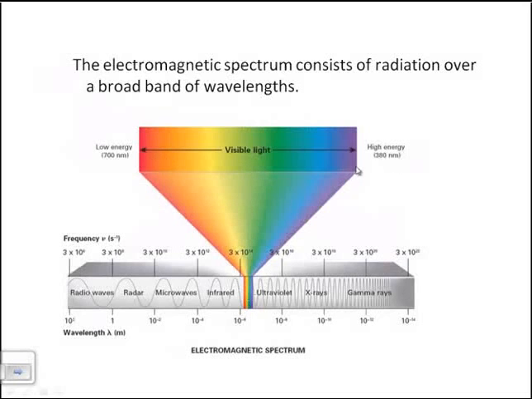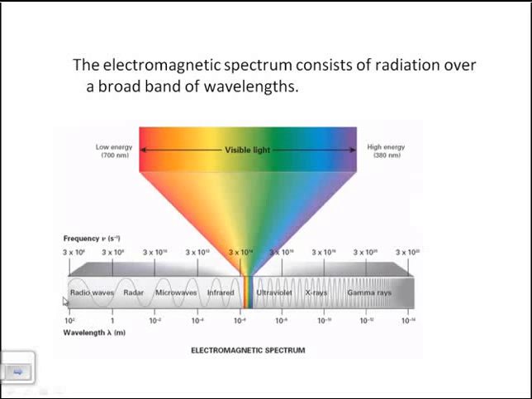And within that range, we go from a low energy or low frequency of red, 700 nanometers, to a high frequency, high energy, short wavelength of blue. And you can think about blue as being higher in energy, just like a blue flame. It's going to be hotter than a red flame.